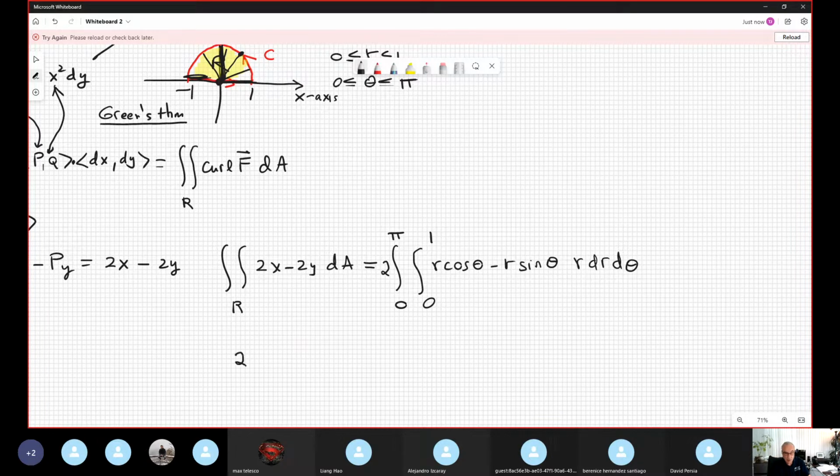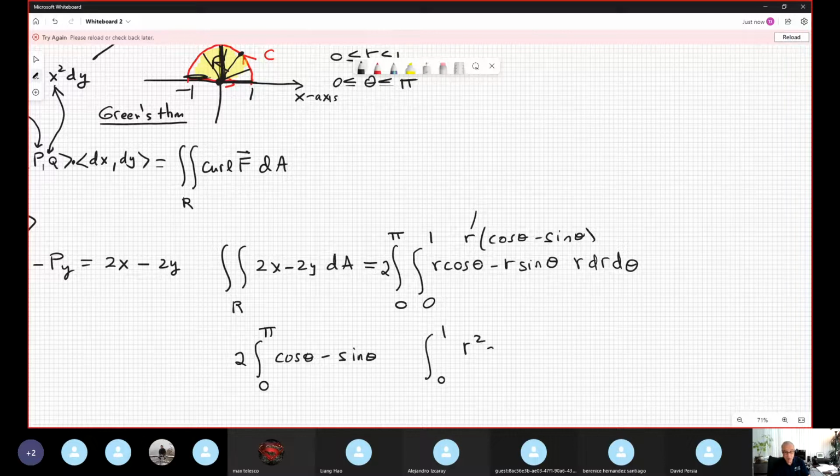I put 2 here, integral from 0 to pi, and I copy the theta part, cosine theta minus sine theta. Of course, in the multiplication, you factor out r here, cosine theta minus sine theta, and you multiply this r times this r, and you get r squared. So we separate another integral from 0 to 1 of r squared dr. Make sense?